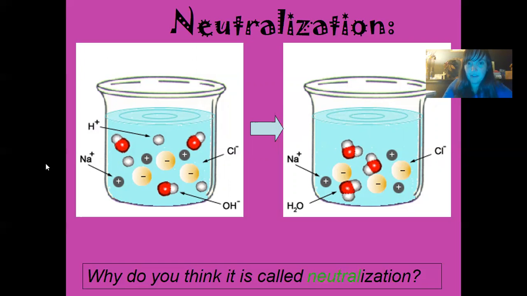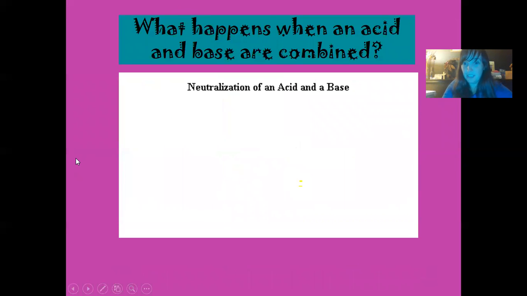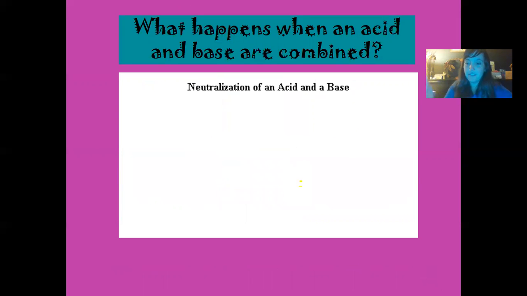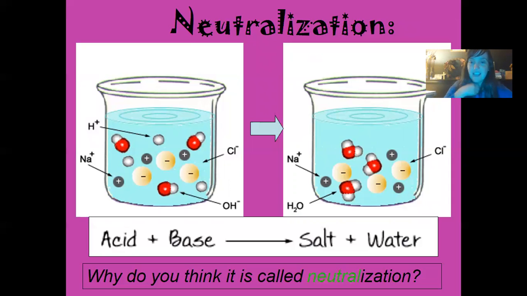You might have also noticed when you were looking at it that it looked kind of like a double replacement. And yes, it is. It's like a subcategory of a double replacement. Neutralization. And a neutralization is always the same formula. Acid plus base makes salt and water.